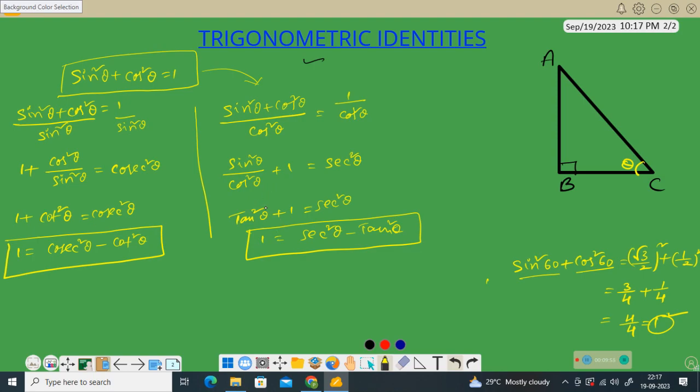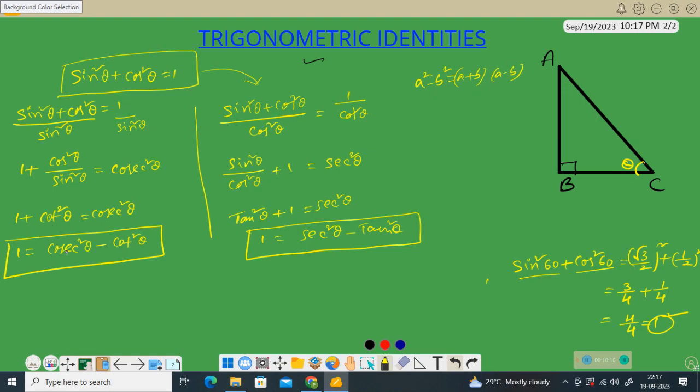Now if you observe, this cosecant squared theta minus cot squared theta is of the form a squared minus b squared. Is it clear? So how can I do this one? The a squared minus b squared formula is a plus b into a minus b.